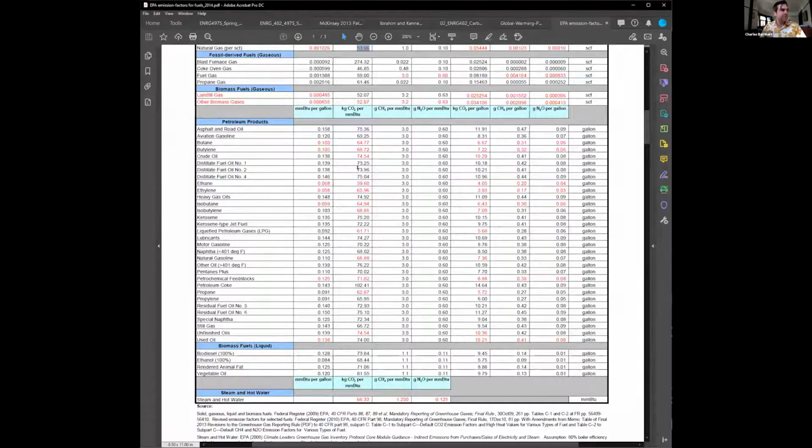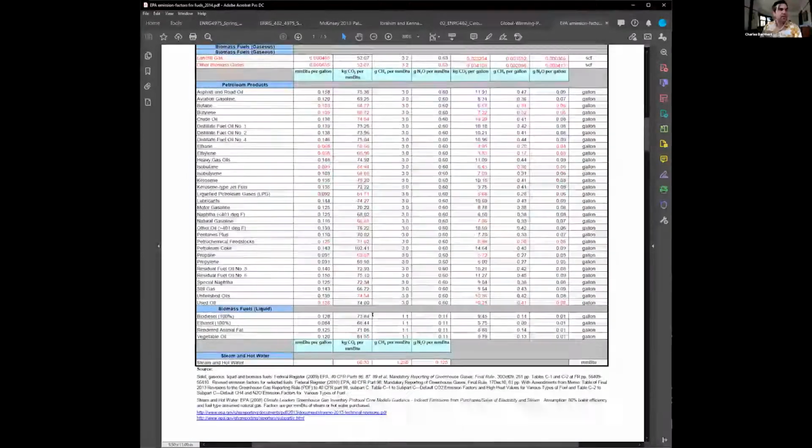These are the diesels, the distillate fuels. Diesel has another name that I'm not finding right now. But the point of this, diesel is a little bit more carbon intensive than gasoline, and that's because, again, there's more carbon to hydrogen in these diesel fuels. So here's one lookup table that you can use.